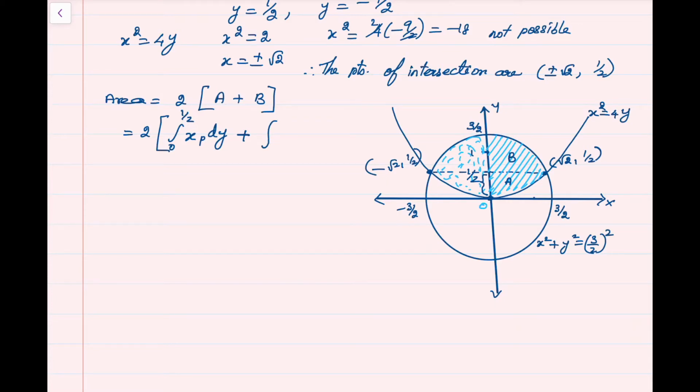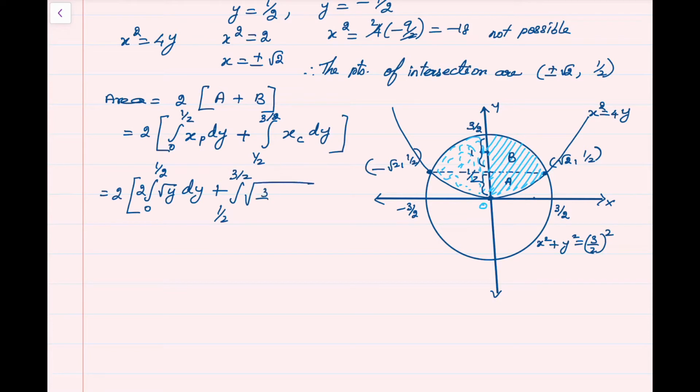The limits for y variable are half to 3 by 2. X of circle equation into dy, which is equal to 2 times integral 0 to half of x from the parabola equation, x is 2 times root y dy, plus integral half to 3 by 2 of x from the circle equation, which is root of 3 by 2 the whole square minus y square dy.